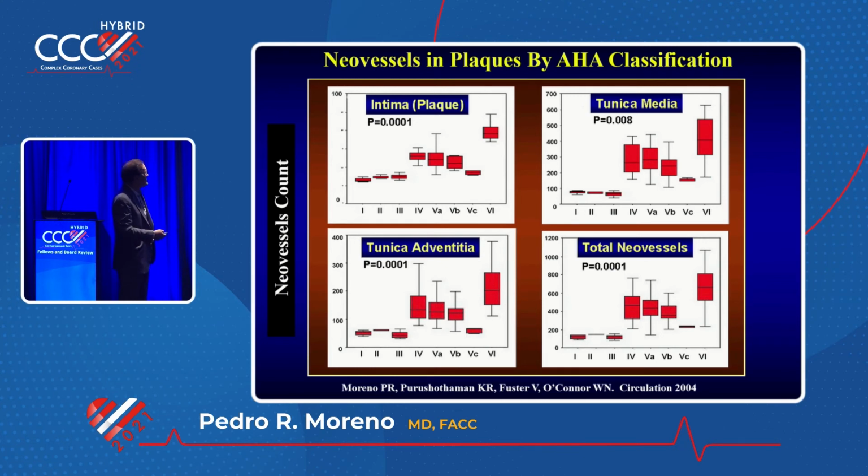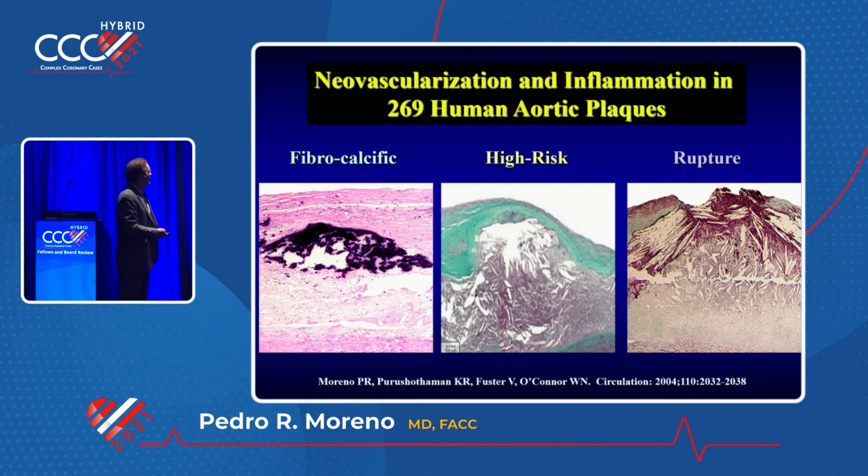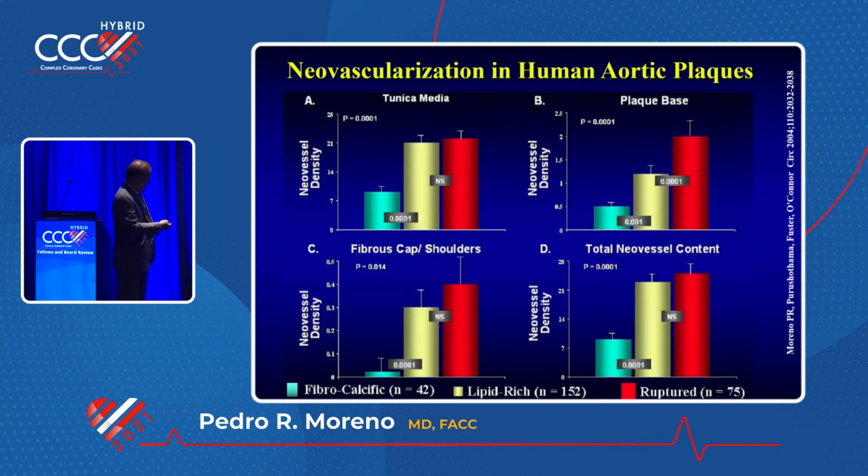The ruptured plaque, and the size of the plaque is huge compared to the other plaques. Look, calcific plaque, fibrotic plaque, nothing, no neovessels, very little. Almost like the early plaques, the neovascularization. So we quantify that, and I'll show you these fibrotic plaques, see? Fibrocalcific, contrary to the lipid-rich and the ruptured plaques, which have a lot of neovessels, the fibrotic plaque has no metabolic activity. Gives us trouble because the balloon doesn't expand and all that, but has no metabolic activity.